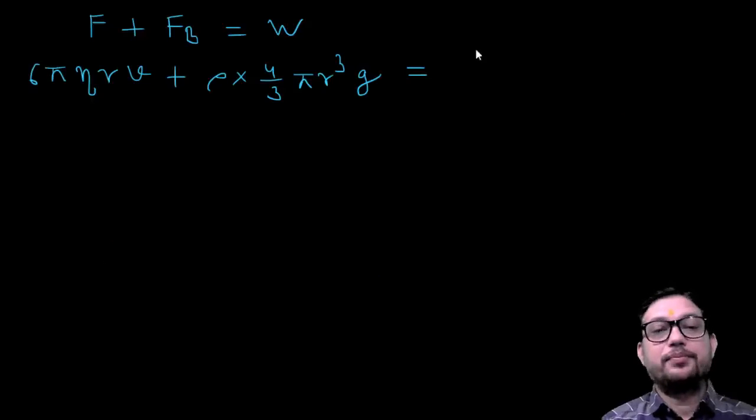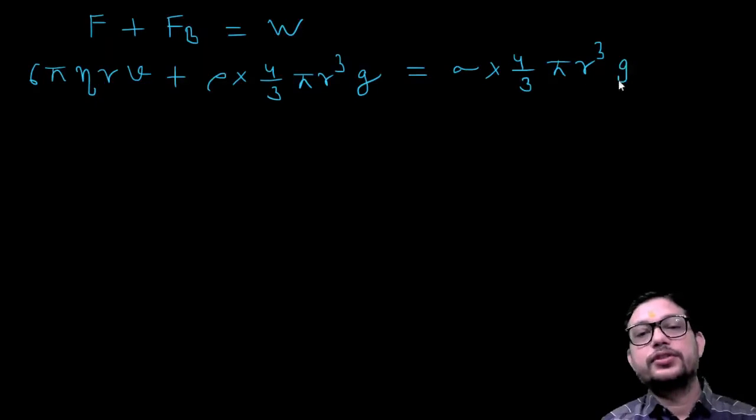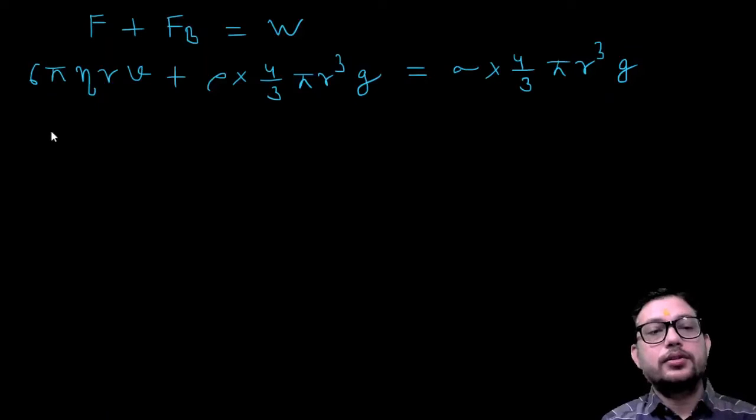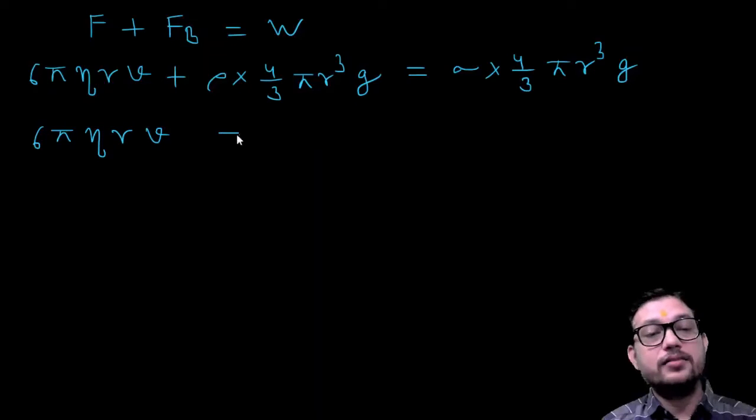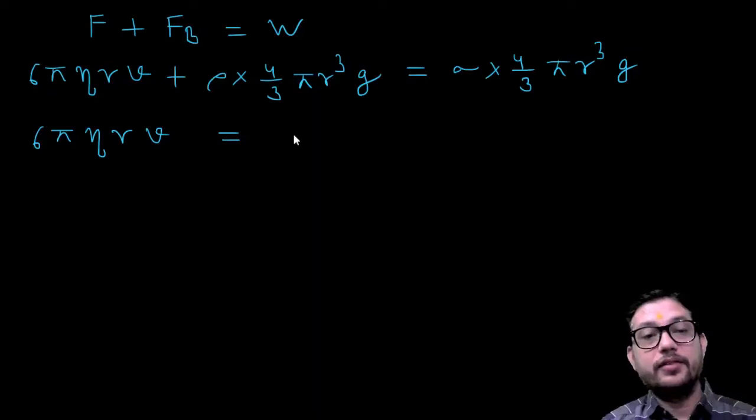So we can write that 6 pi eta Rv must be equal to, if we take common 4 by 3 pi r cube g, then it will be (sigma minus rho).